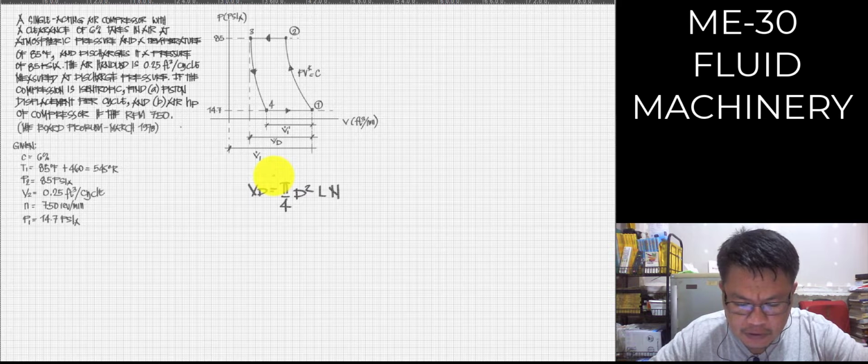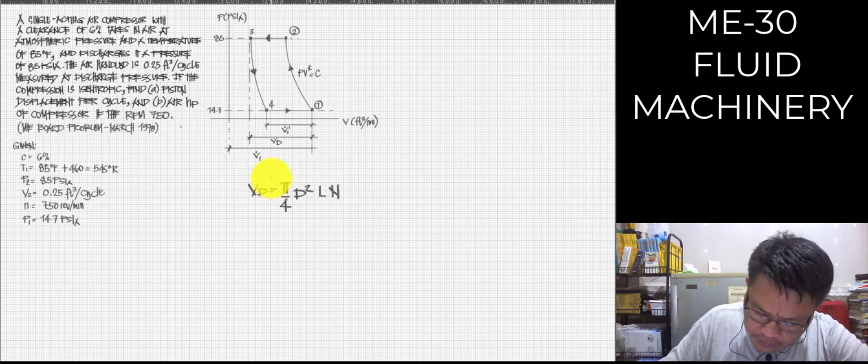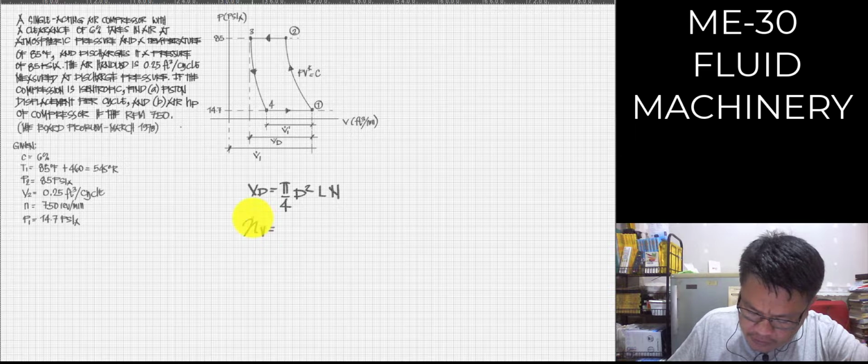So let's try another equation which is related to the volume displaced. So let's try using the relationship, no? So we have the volumetric efficiency, that will be the ratio of the volume flow rate V1 prime divided by the volume displaced.